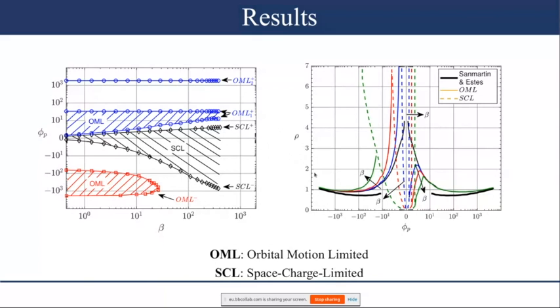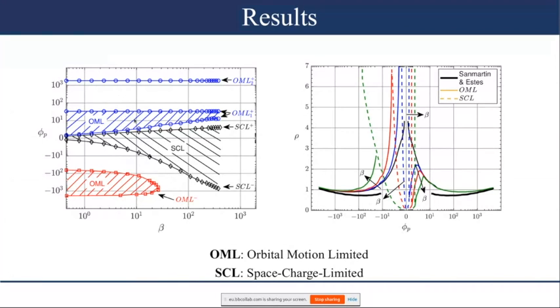Here I also want to show you some selected results. The operational domain over the bias and emission level plane. So we captured the different operational domains: OML, space charge limited, and the other area is non-OML.